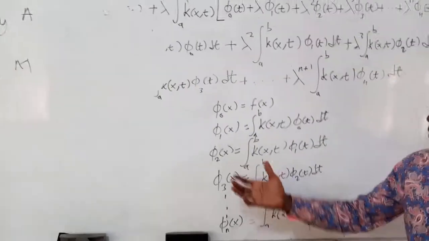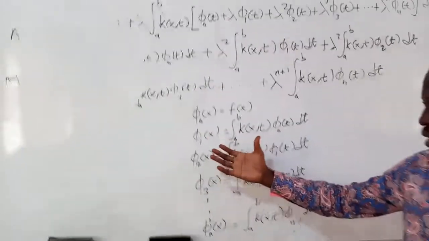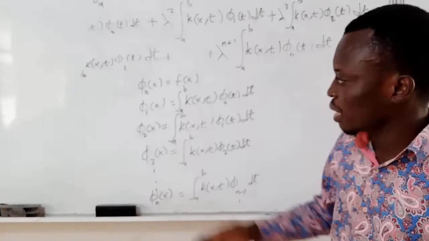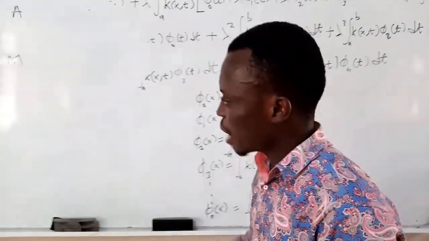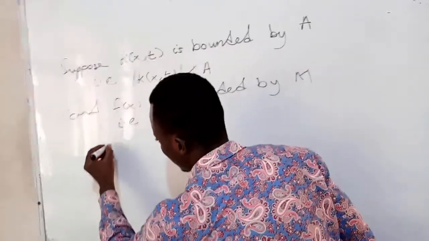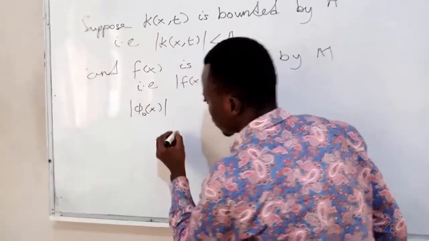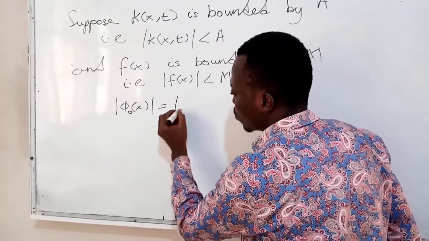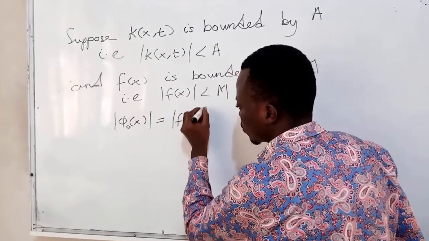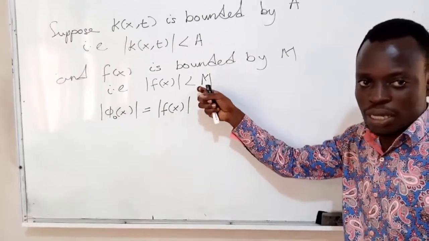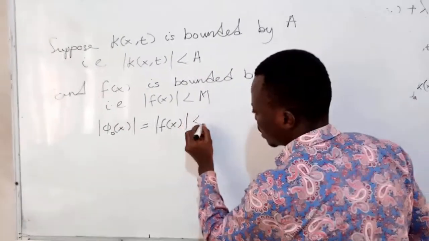We said that phi naught of s equals f of s. If I take the absolute value of phi naught of s, it is the same as the absolute value of f of s, which is less than M.